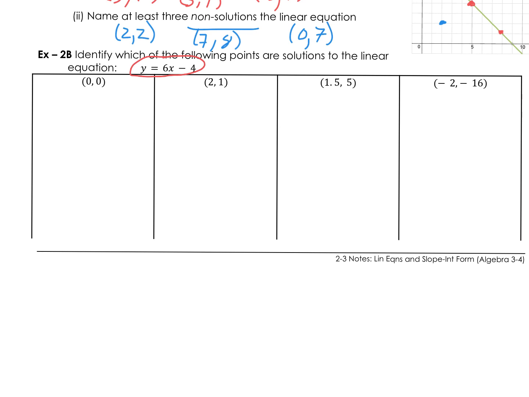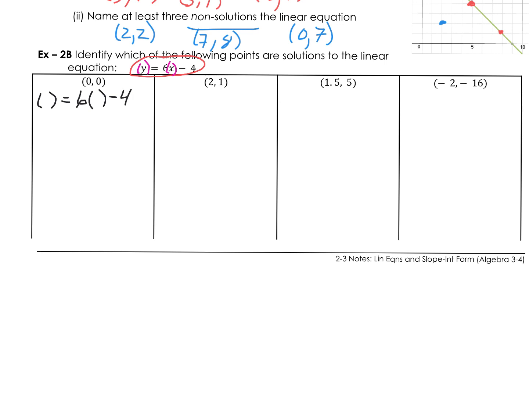And so I'm going to write it down each and every time. And everywhere that I see a variable, I'm going to put in parentheses. So I'm going to put parentheses for my y and parentheses for my x. So I'm going to write my linear equation this way. So 6 times parentheses and then minus 4.